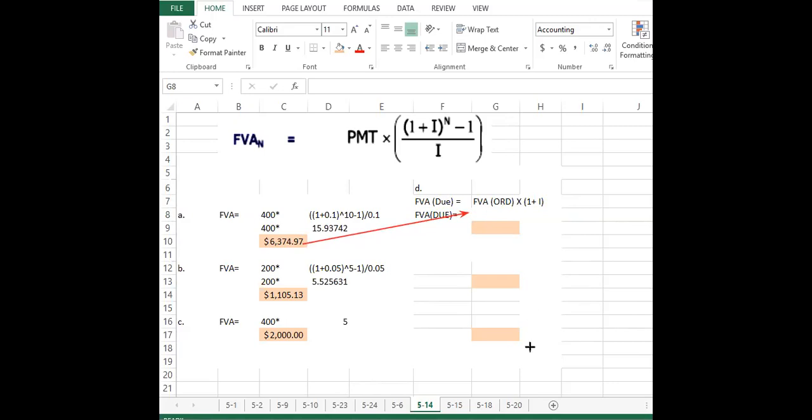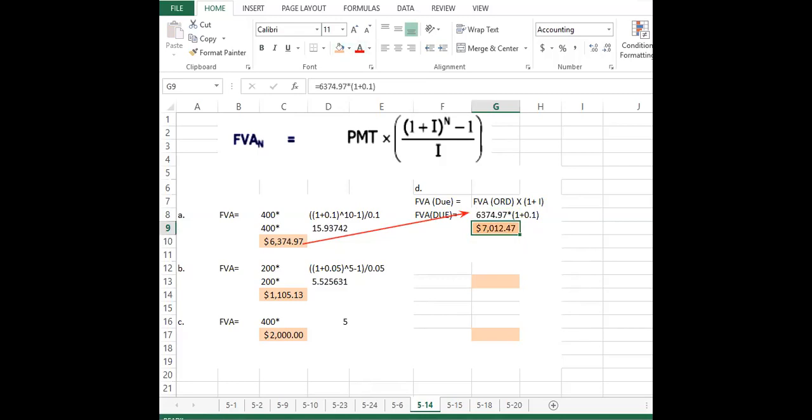So future value we have 6374.97, and it should be multiplied by 1 plus interest rate. Here the amount is 7,012.